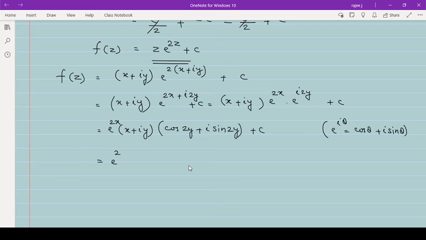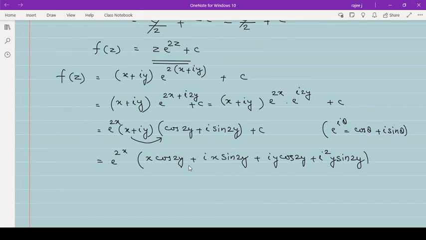For that, what we do is multiply this inside: x with both terms, x cos 2y plus i into x sin 2y, then with iy, plus iy cos 2y, then iy into i, so that is i square y sin 2y, plus c. Just term by term multiplication.